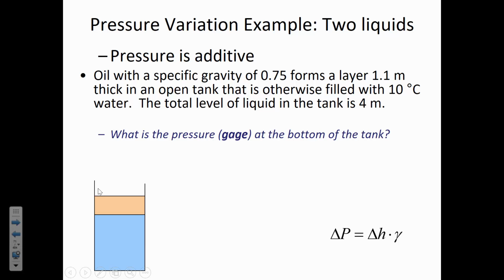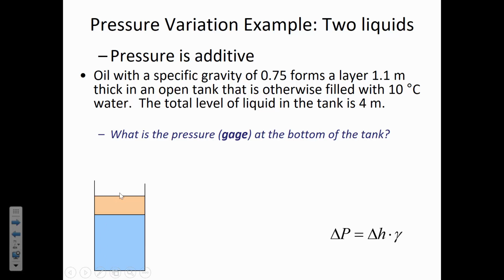So the way that we'd solve a problem like this is we start at the place where you know the pressure. And we know the pressure at the interface of the air and the oil. So the pressure here is 0. Apply this equation through the first layer and find the pressure at the interface of the oil and the water. You can't go in a single step from the top to the bottom because there's two different gammas.